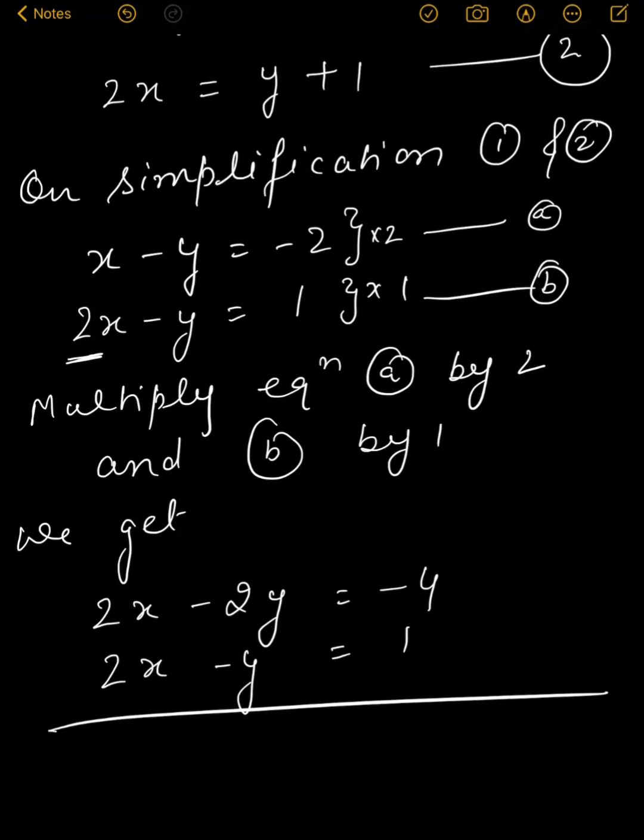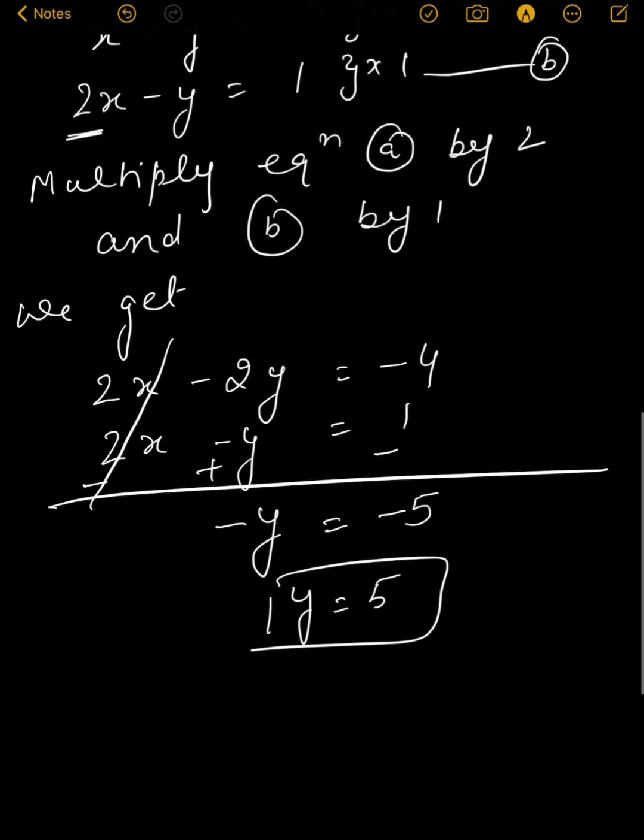Now we have to subtract them because both these coefficients of x have the same sign. So this minus, this plus, 2x minus 2x cancel each other. So this is minus 2y plus y, which is minus y, and this is minus 4 minus 1, which is minus 5. So what we get is y is equal to 5.